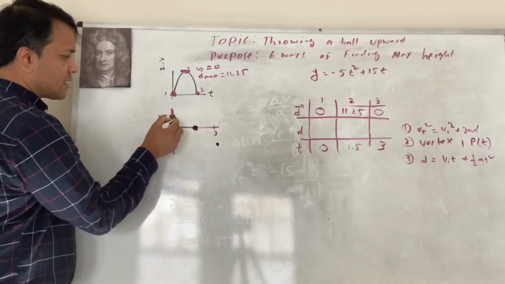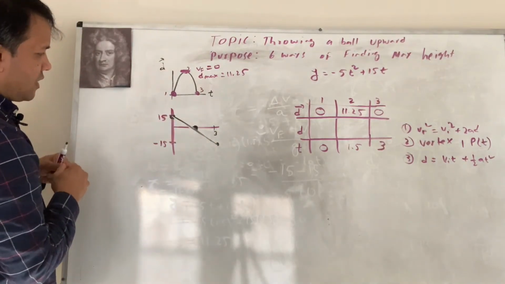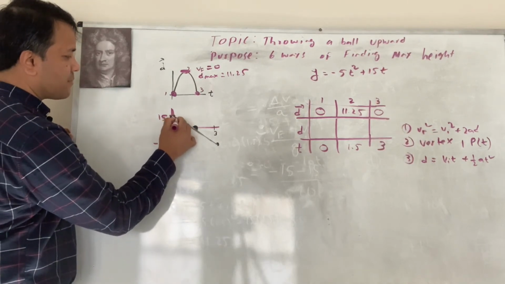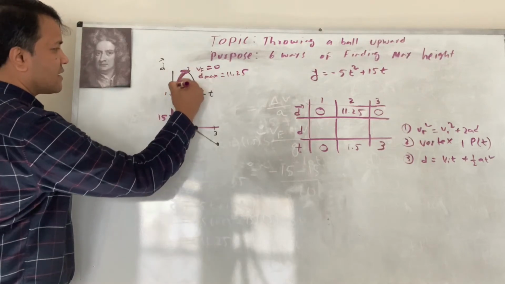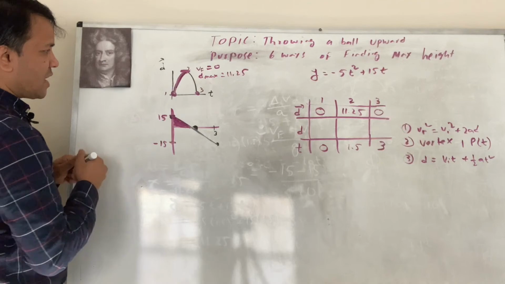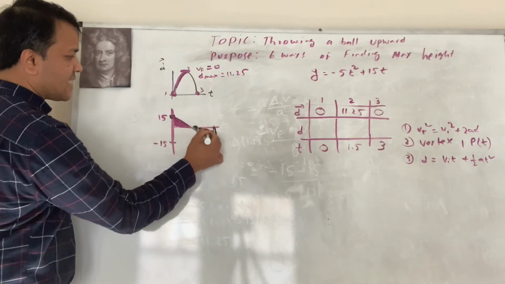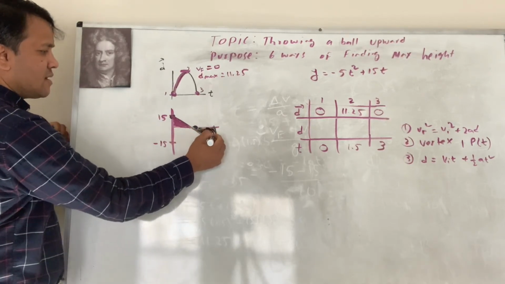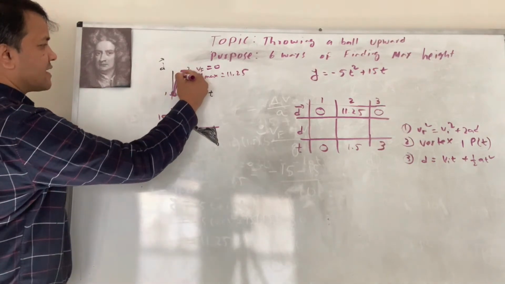Now I'm going to connect these 3 points. I have area on the top. Area on the top represents the displacement, the maximum height. And area on the bottom represents the other half of the parabola. That allows you to see why the total displacement is 0. But let's first find the area right here, the maximum height.